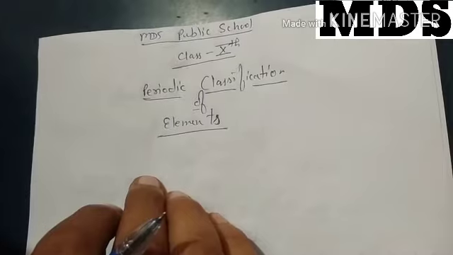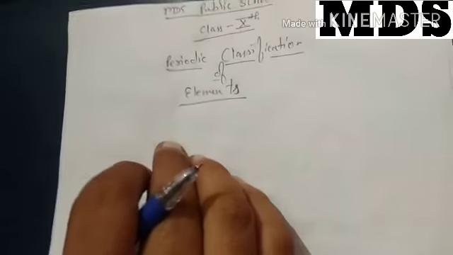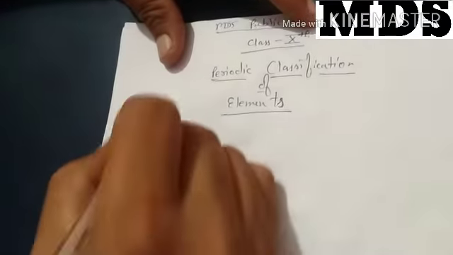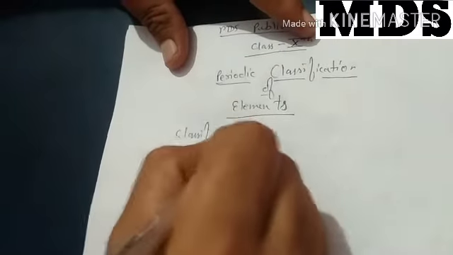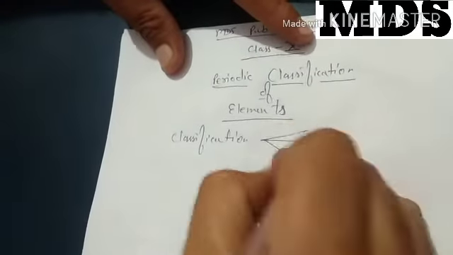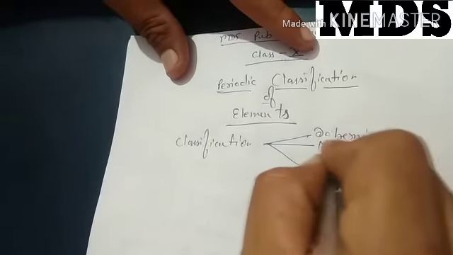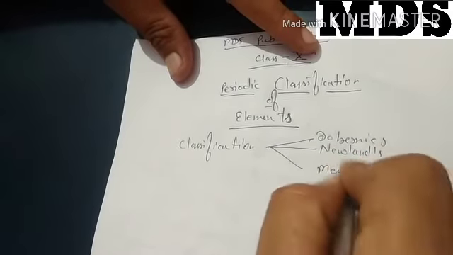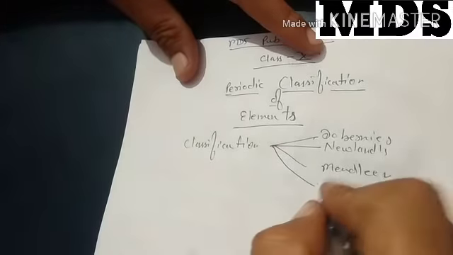Hello, dear students. In the previous lecture of our periodic table, that is periodic classification of elements, we have completed our classification. 4 classifications we have studied: Dobereiner, Newlands, then Mendeleev, then the modern periodic table.